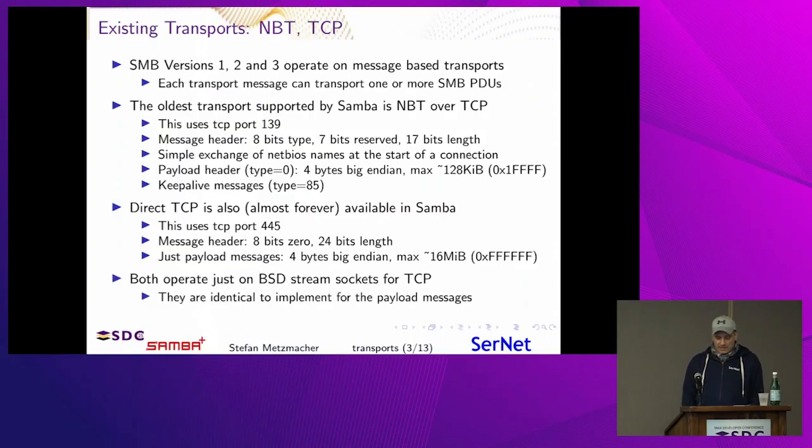And in Samba, basically both operate on BSD style sockets for TCP. And the implementation on top of this is, because the payload headers are very similar, it's just the limit of the packet size which is different. So basically the code is exactly the same.